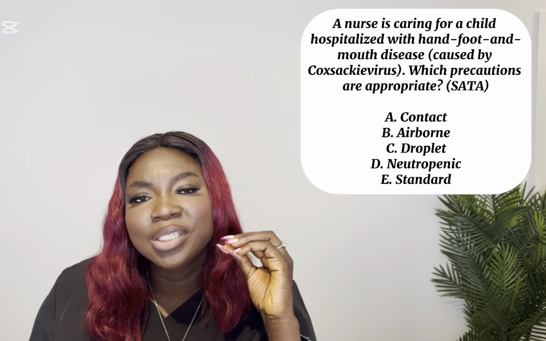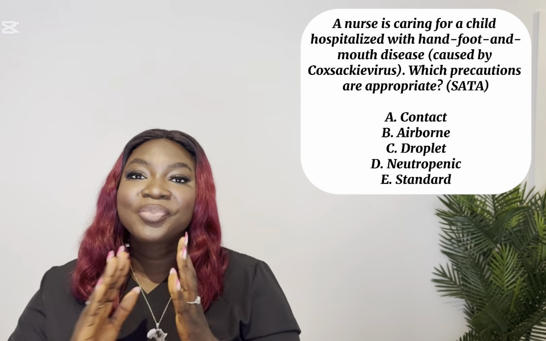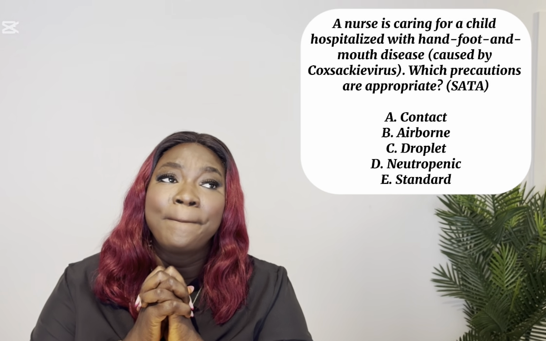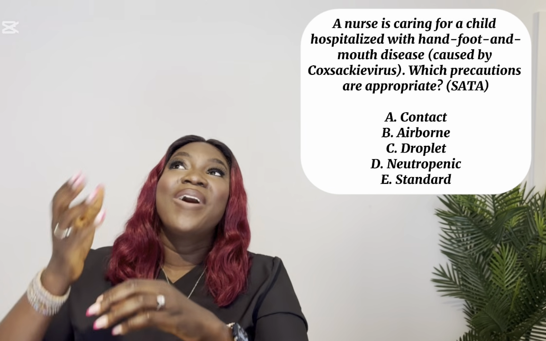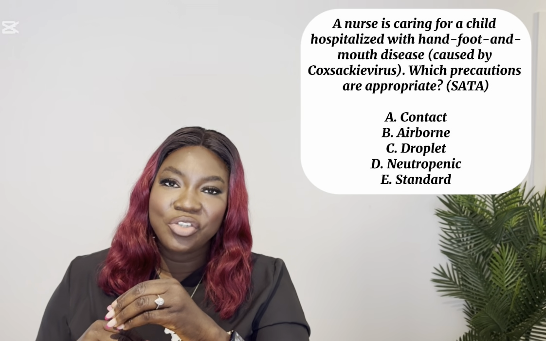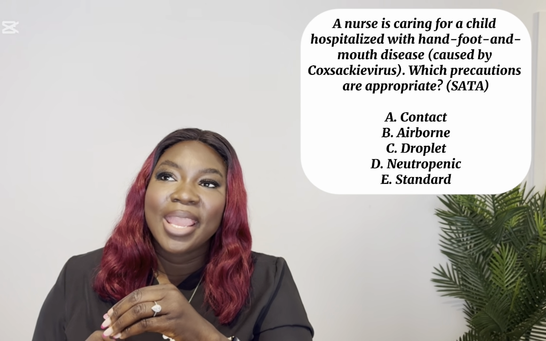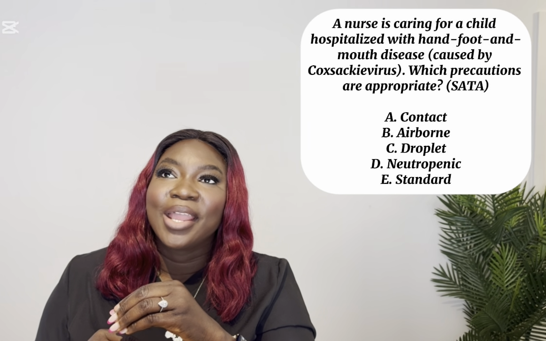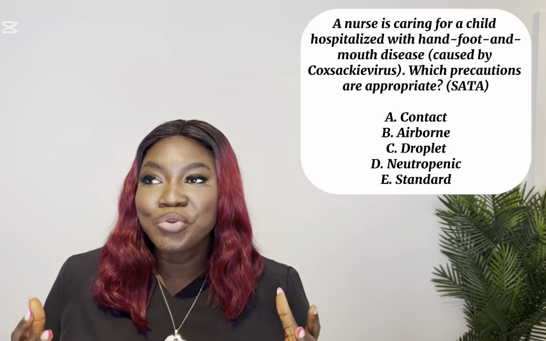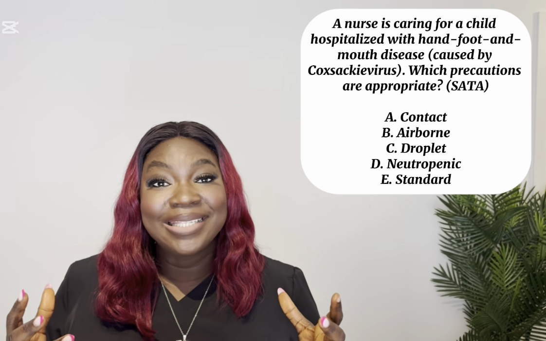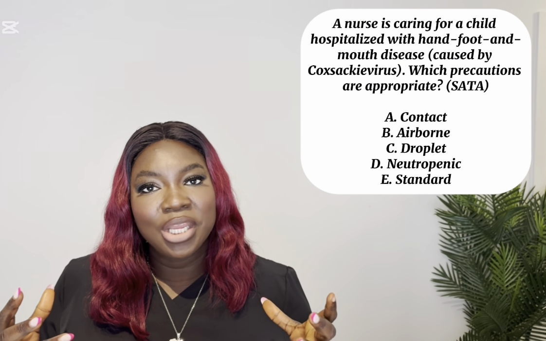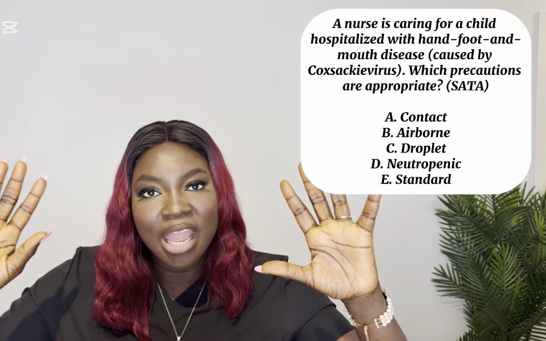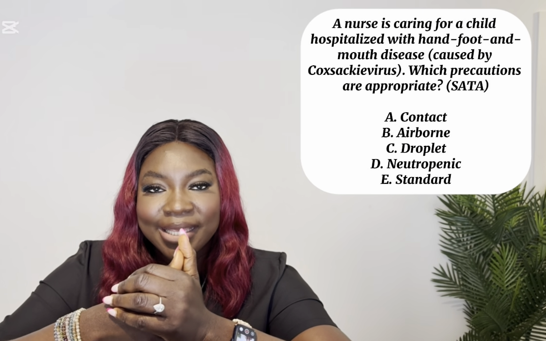And you might be wondering, what is neutropenic precaution? This is precaution for patients that are immunocompromised. It's like a reverse isolation. Do you know what that means? Instead of protecting other people from the patient, the reverse is the case.